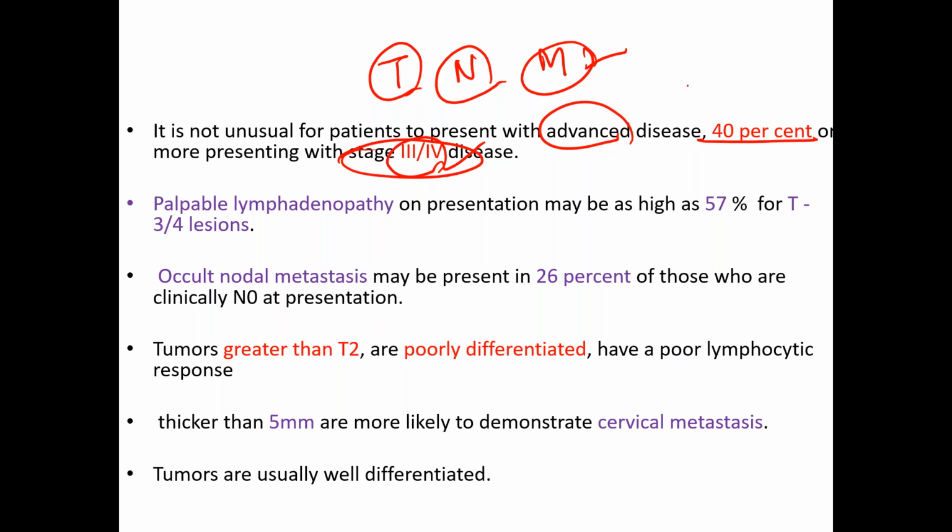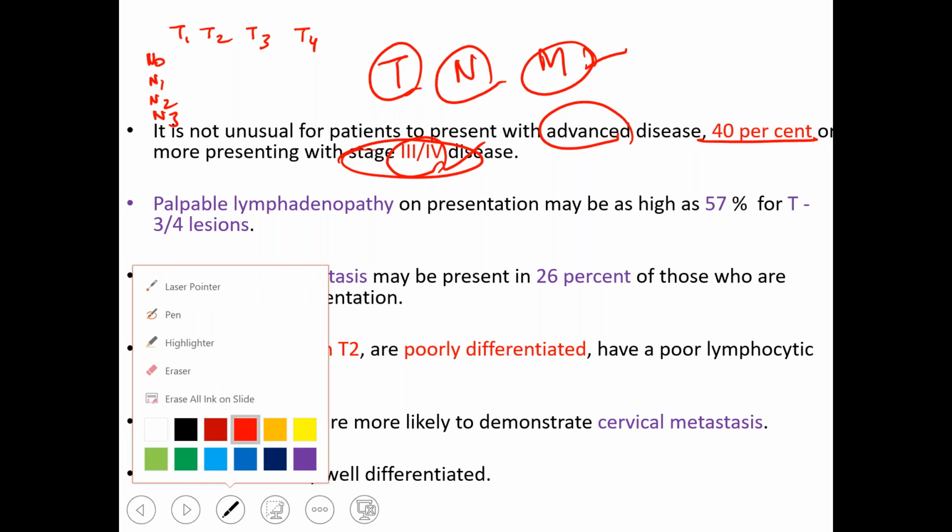You can put T1, T2, T3, T4 as a table against N0, N1, N2, and N3. Once you take this, you should have an understanding of how you are writing this.